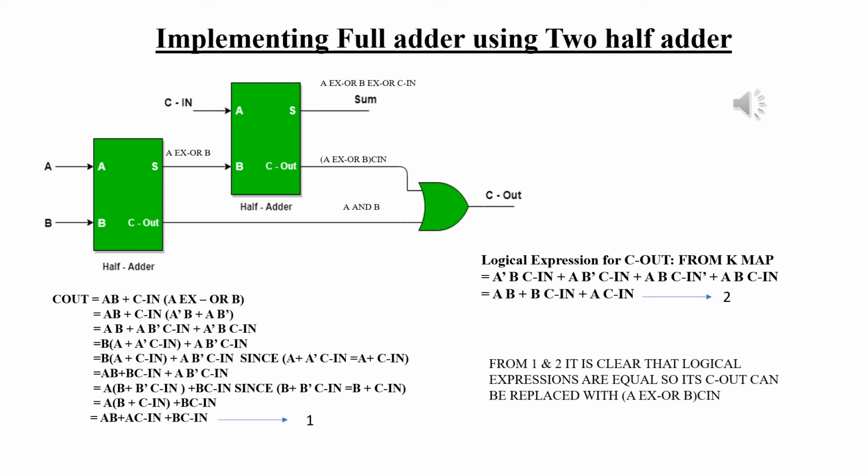The C out of the first half adder circuit is also given as input to the OR gate, and the output of the OR gate gives us the C out of the full adder circuit. The expression for C out is derived here, and that derived expression is equivalent to the logical expression obtained for the C out variable by using a K-map structure. So from equations 1 and 2, it is clear that the logical expressions for C out are equal. So by using two half adder circuits, we can construct a full adder circuit, that is proved here.